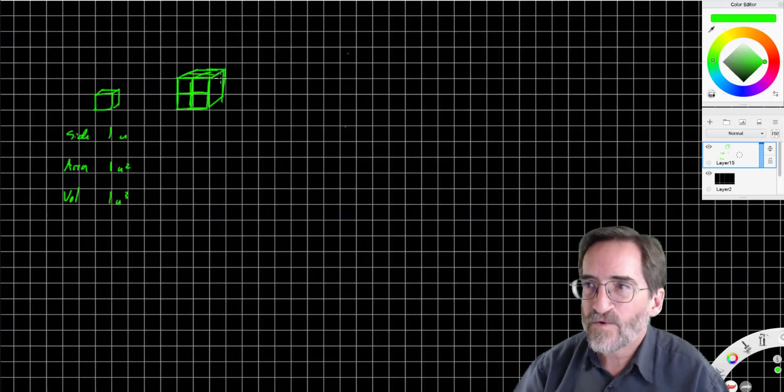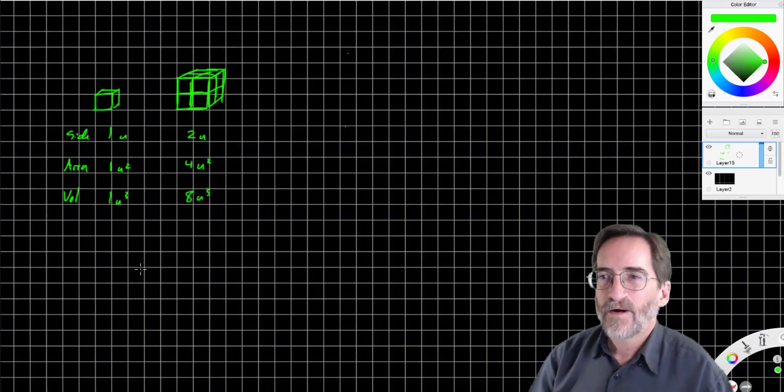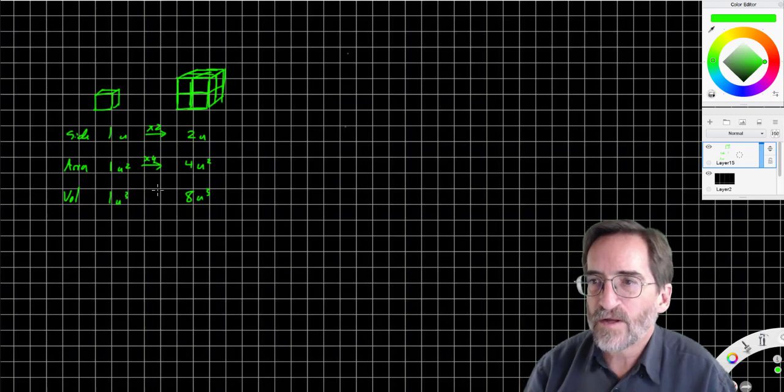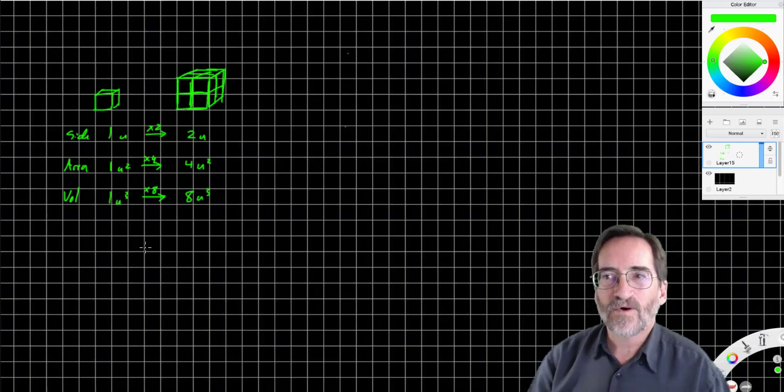And if you count the number of cubes that make up the volume, the side length is 2 units, the area of the face is 4 square units, and the volume is 2 times 2 times 2, or 8 cubic units. So when we double the dimensions, we quadruple the area, and we octuple the volume.